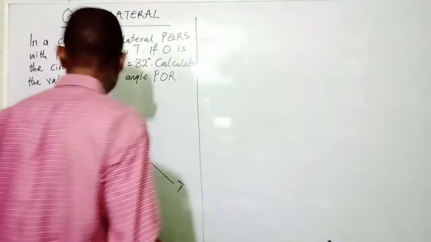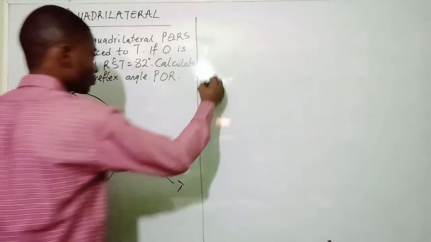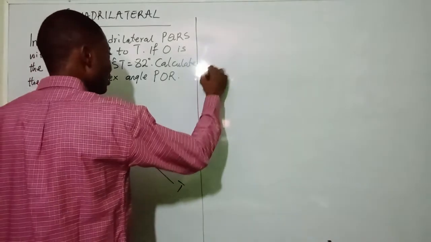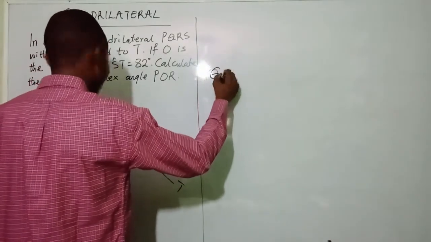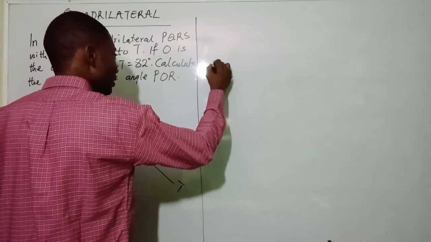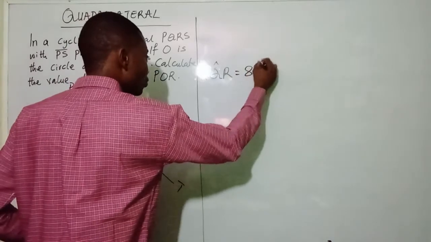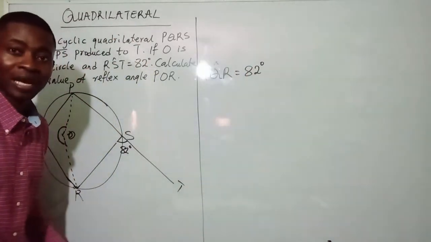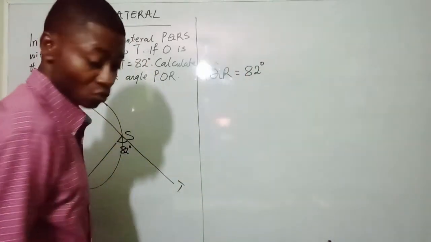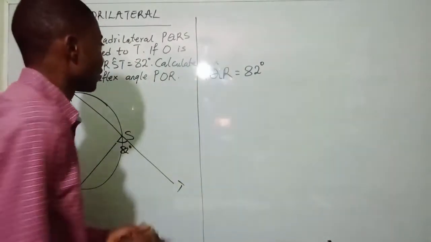That means that angle PQR is equal to 82 degrees also.